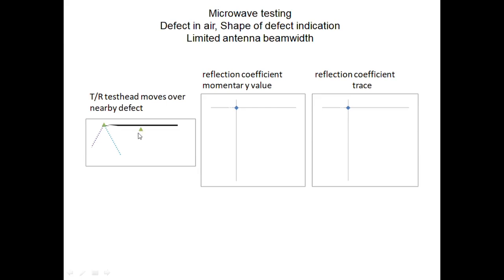Here the defect is situated near to this line, and we will move the TR test head, and there occurs a signal only here, and in this case only 3 of these steps give a signal, and that's all what we can see here, only a hook without some rounding or spiral at the root.